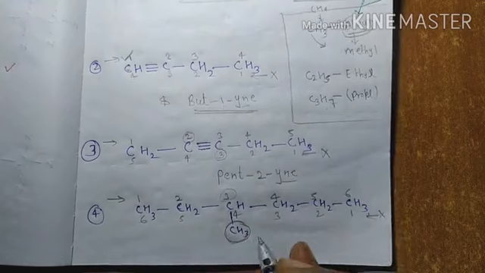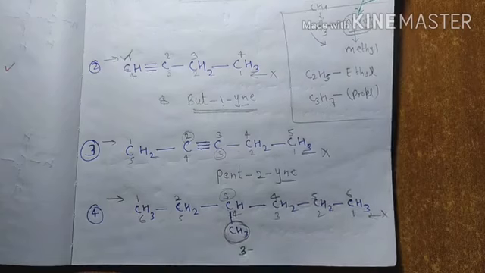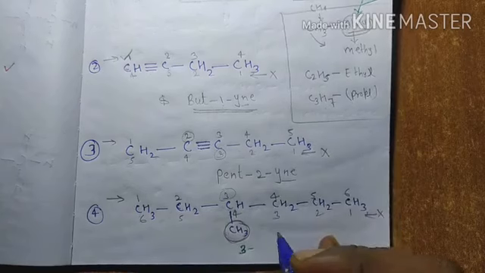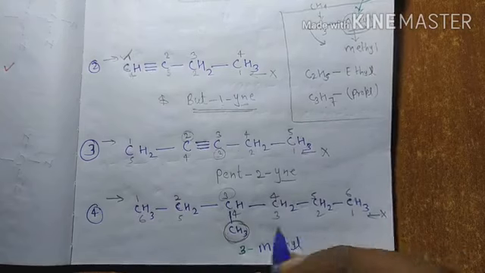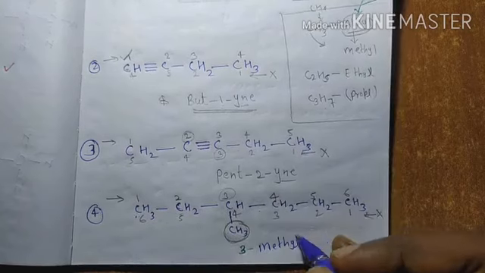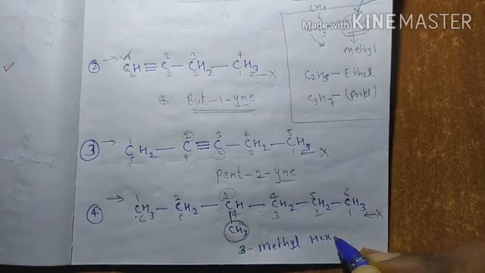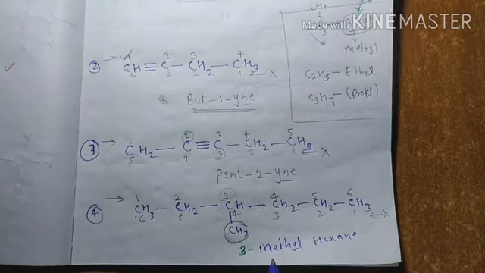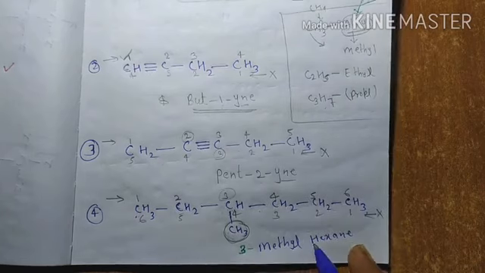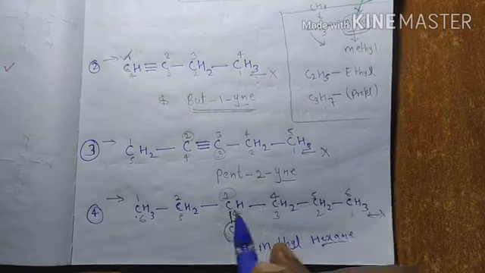So we will write here 3-methyl, and the chain is 1 2 3 4 5 6, so 3-methylhexane, because there is a single bond between all the carbon atoms.